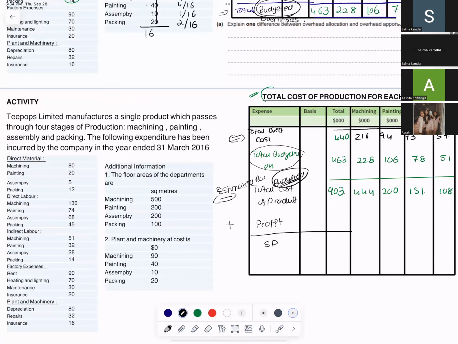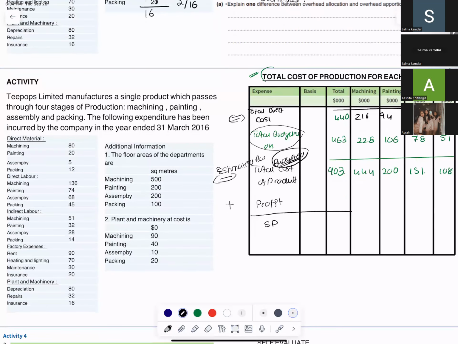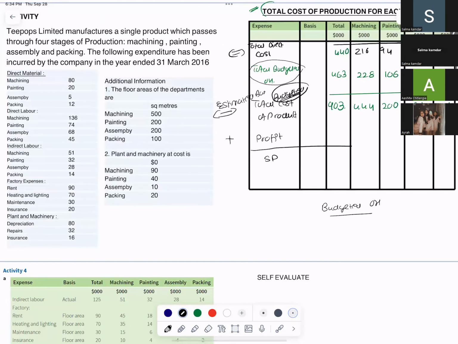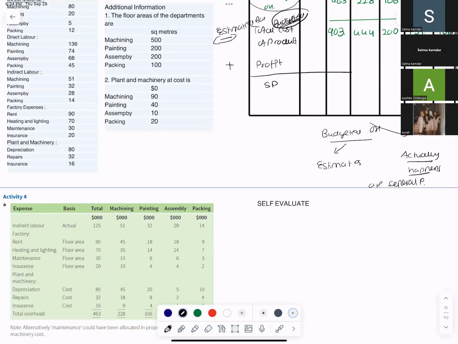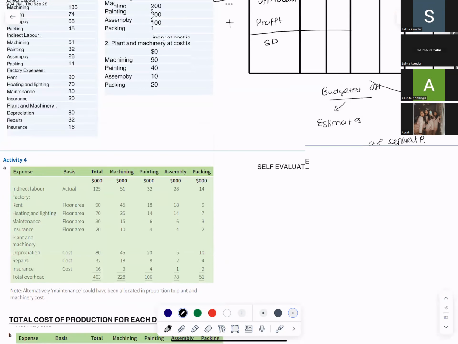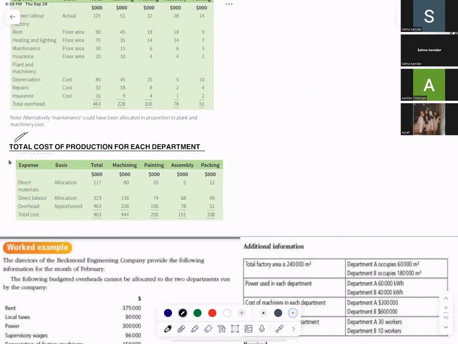But in the budgeted overheads, he will later face issues, because what he estimates and what actually happens are two separate things. So we got a total cost of production as this. Are you all with me?